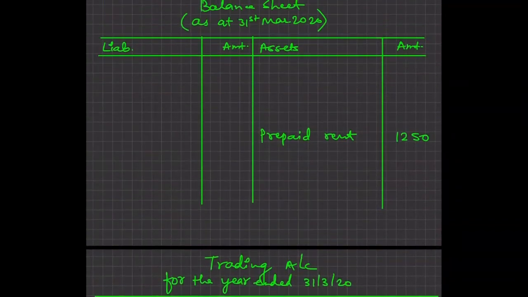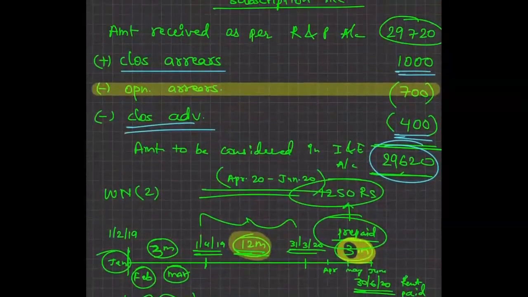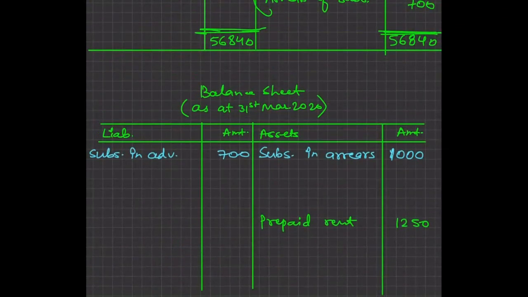So we will have subscription in arrears of 1000 and subscription in advance of 700. Okay, this we have done from the not 700, it was 400. My bad. So this would be subscription of 400.